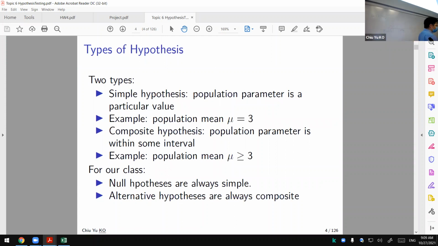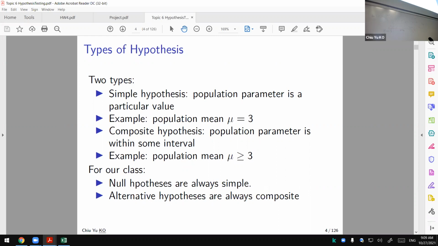As we said, we have the null hypothesis and the alternative hypothesis, the two types. But for hypotheses themselves, whether null or alternative, another way to classify them is simple or composite. For our class, basically you do simple.